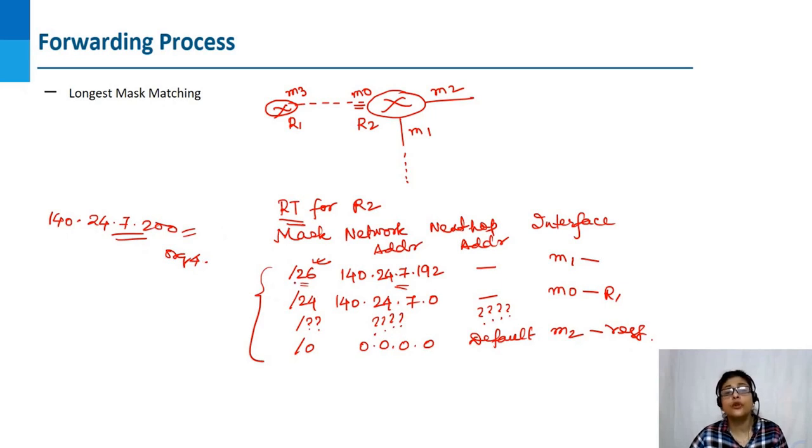But if it would not have been reordered in the form of longest mask matching, then it would have applied the /24 masking and arrived at this network address. But this network address is not for organization 4, but rather it is for organization 1 through R1, and it would lead to wrong addressing. So this is the utility of longest mask matching.